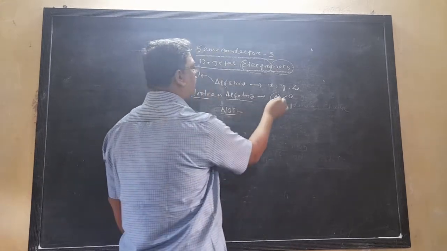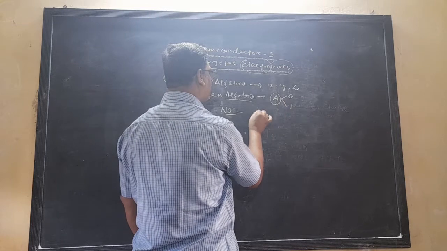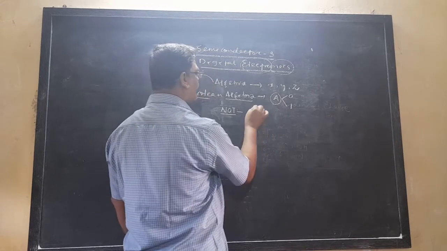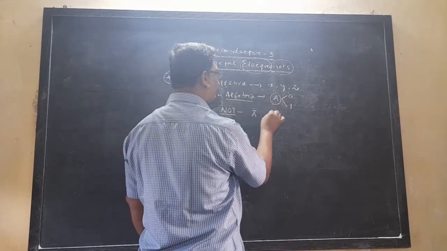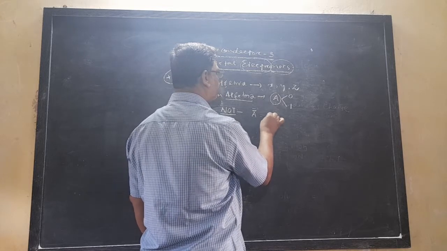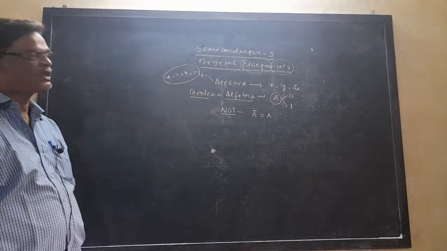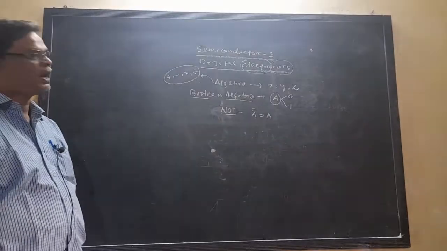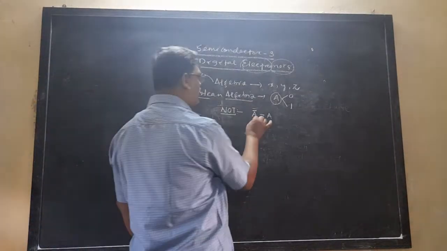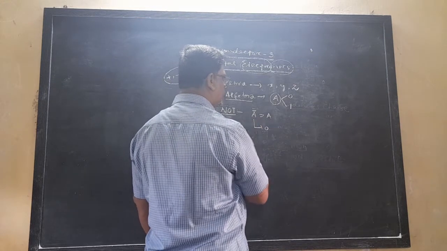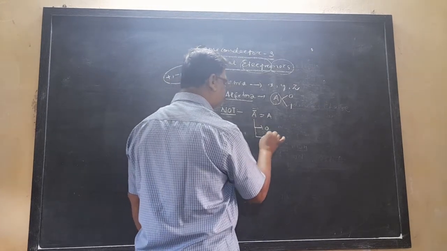The negation of the negation is equal to a. Here the negation, NOT, is represented by a bar, so a double bar is equal to a. So a now is equal to 0 or 1.